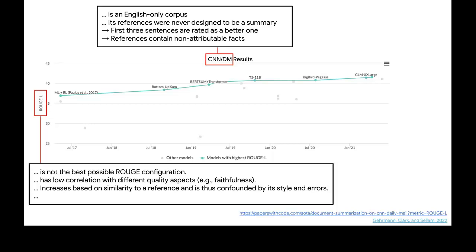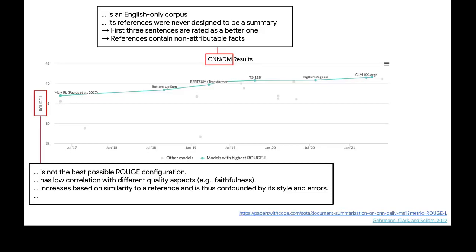There are 2 more issues with Rouge L and Rouge in general. It has a low correlation with different quality aspects like faithfulness. I'm going to get more into that on the next slides. And since it is reference-based, evaluations have another issue, specifically that they are confounded by the style and the errors that the references themselves make.